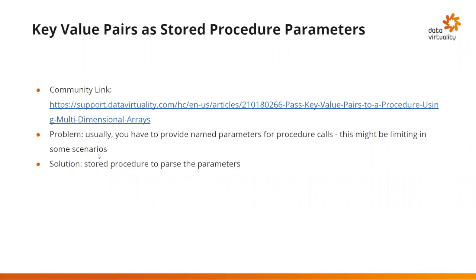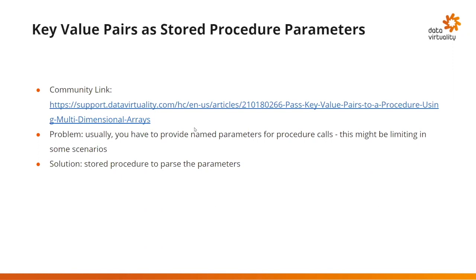But it might be limiting, just as with NoSQL databases, where you probably don't know what parameters to expect. So what you can do here is pass on key value pairs, where the key is the name of the parameter and the value is, obviously, the value of the parameter.